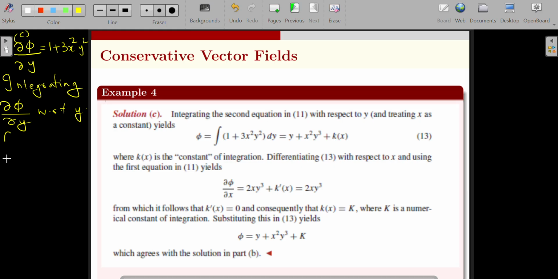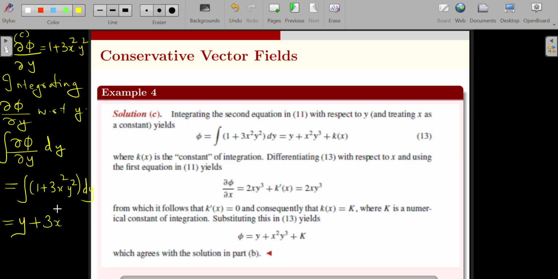The integral of dou phi by dou y with respect to y is equal to the integral of 1 plus 3x square y square with respect to y, and this is equal to the integral of 1 dy, which is y, plus the integral of 3x square y square with respect to y.